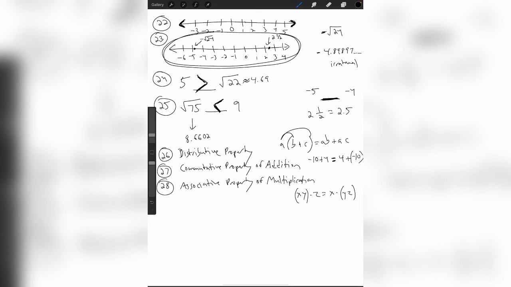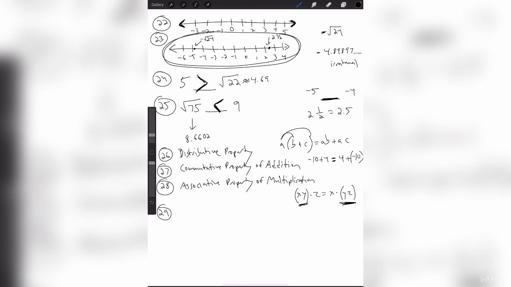If I were to multiply that first inside parentheses, I'd still get the same answer as if I had multiplied y and z first. So the associative property of multiplication says that if I only have multiplication, I can multiply anything first. It doesn't matter. I don't have to go left to right. I can go in any order. That's the associative property of multiplication. That's a bit of a review from Algebra 1.